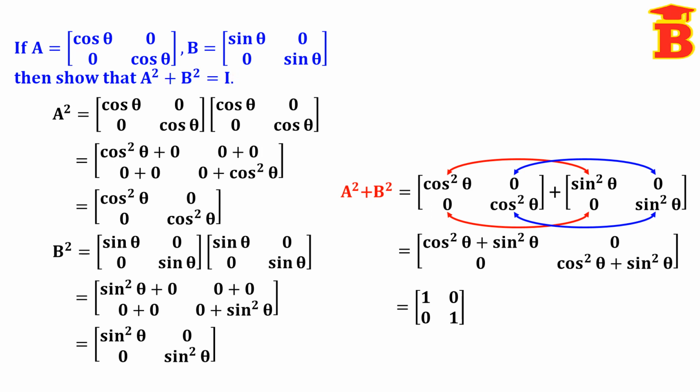So definitely we must get 1 0 0 1. So easily we can write this step. This is equal to I.